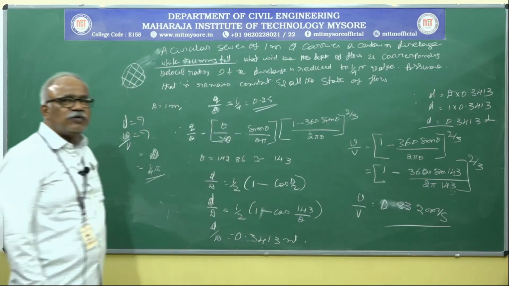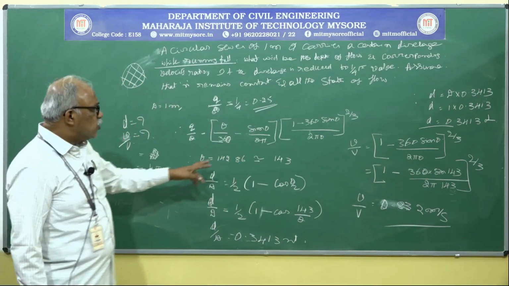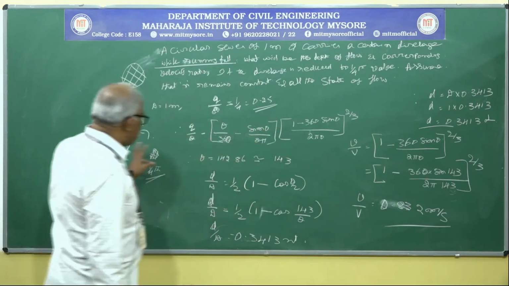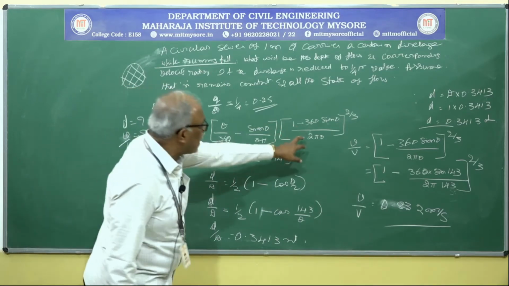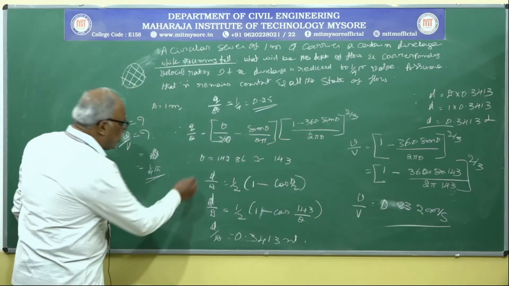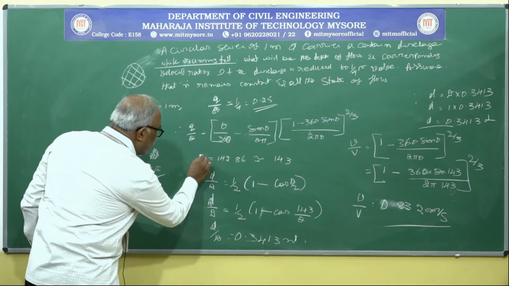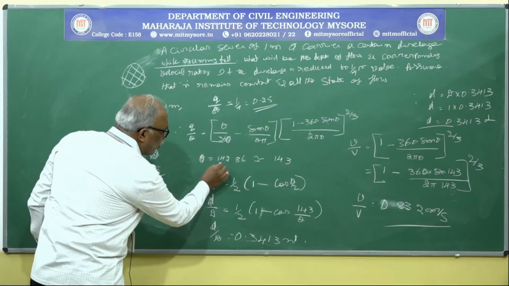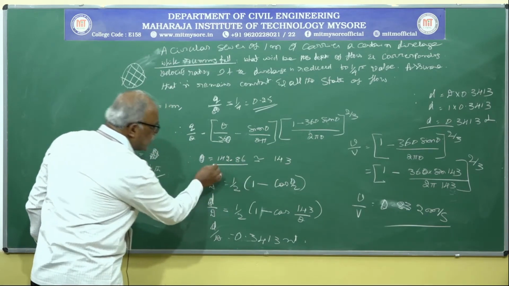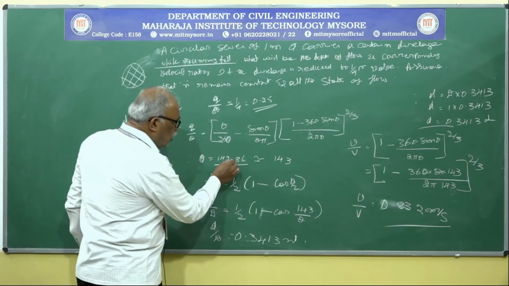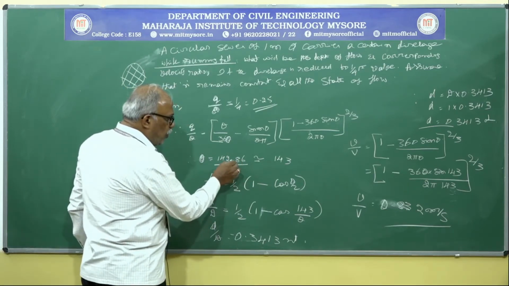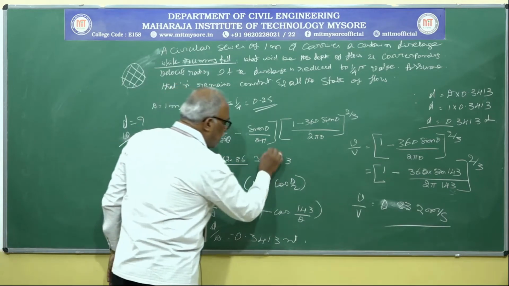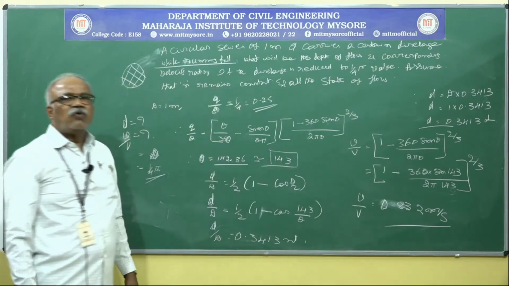So this equation can be used for this. We know the values, so directly we can calculate theta. Finally, I get theta is equal to 142.86. After the point it is more than 0.5, that's why I make it 143, a round figure.